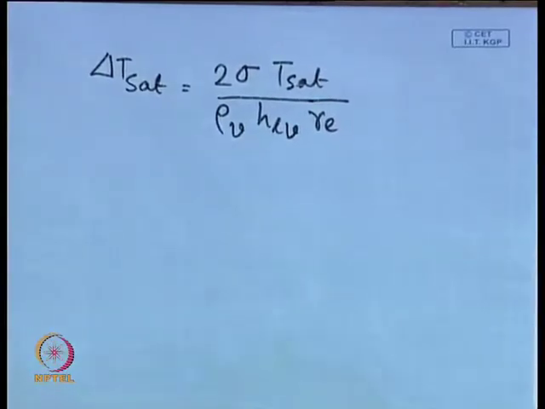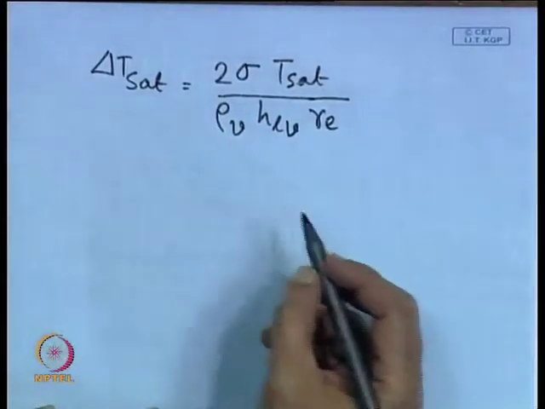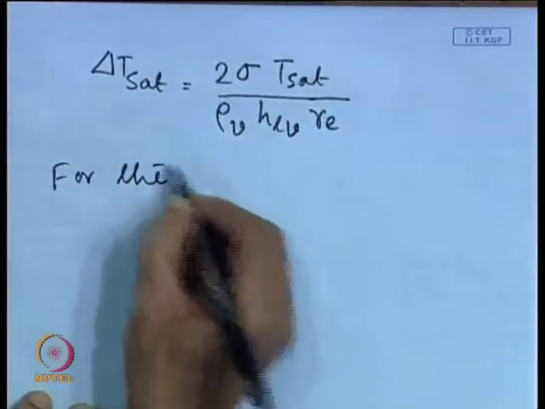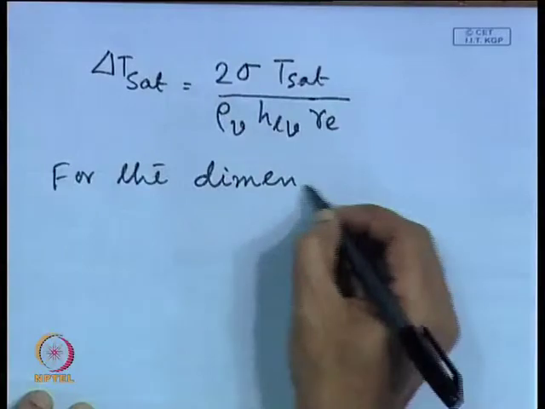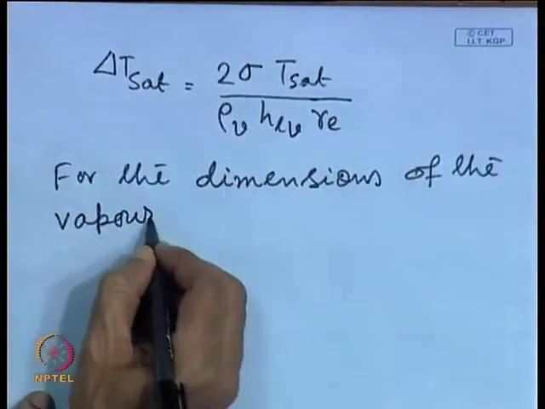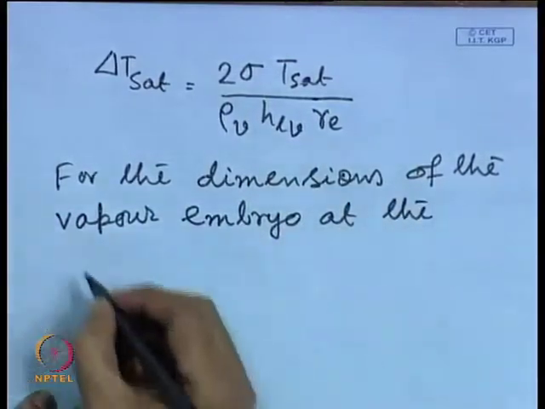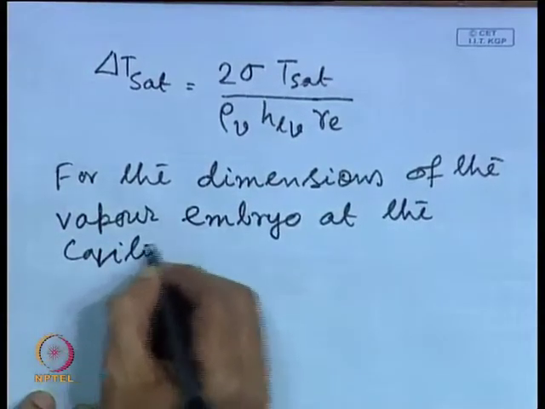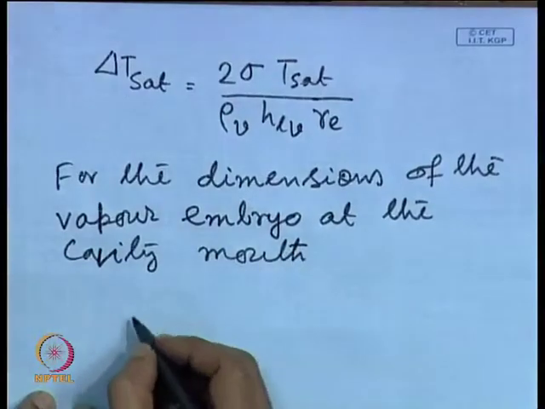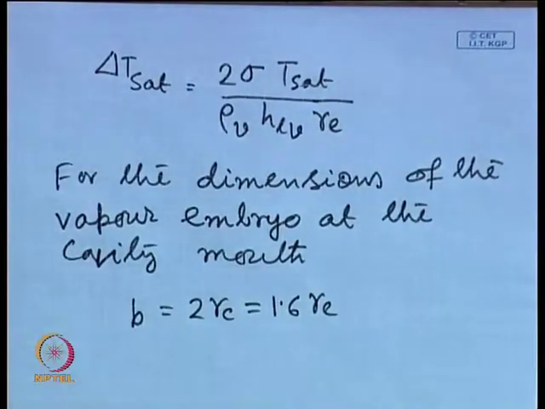Here we will replace the vapor embryo radius by the radius at the mouth of the conical pore, and the relationship which has been suggested for the dimensions of the vapor embryo at the cavity mouth, as already mentioned, is that b is equal to twice r c is equal to 1.6 R e.